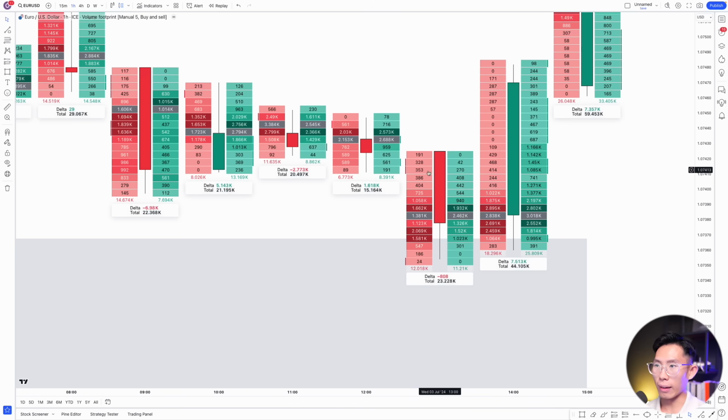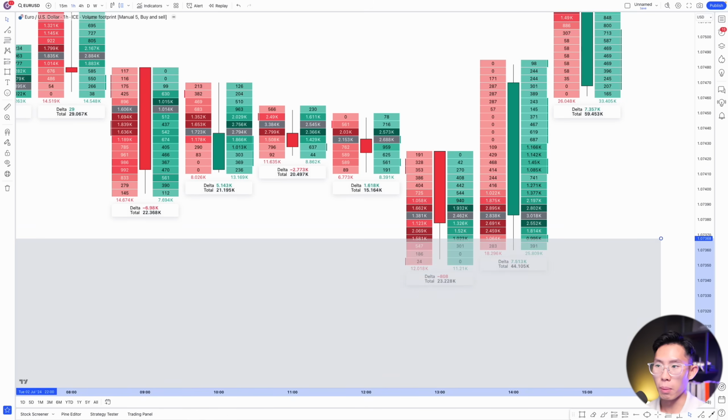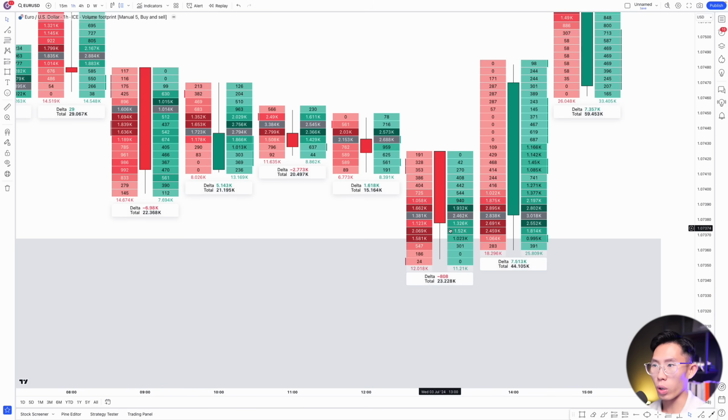If you look at this candlestick right here, the one that actually touched into the demand zone, there was a lot of aggressive selling that results in a negative delta. There's a lot of trading volume and a lot of aggressive selling. But if you look at the buy orders, there is 2.462k buy orders, and that completely overwhelmed the 1.381k sell orders.